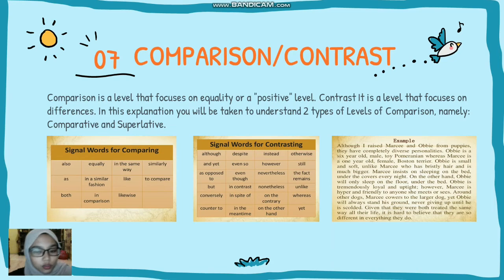And signal words for contrasting, there are although, despite, instead, otherwise, and yet, even so, however, still, as opposed to, even though, nevertheless, the fact remains, but in contrast, and something like that.